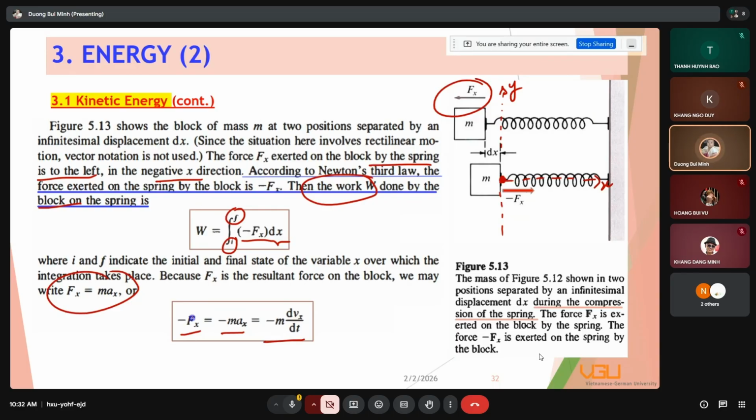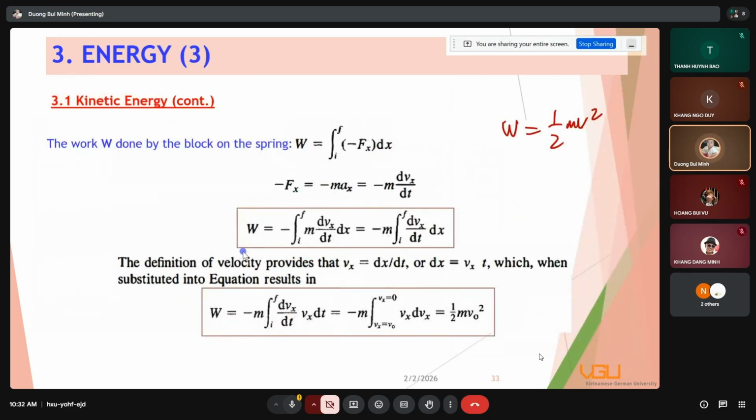Because the spring force is in the opposite direction to the moving direction, here minus m ax is minus m times the derivative of vx with respect to time. Then you bring it here and you can get the work. Remember, this is the work done by the block on the spring.